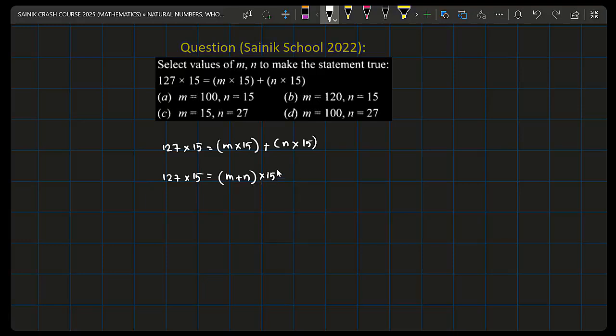Now compare LHS and RHS. Now we can write m plus n should be equal to 127. Which option is satisfying this equation, m plus n is equal to 127? Sir, option D. You also said the same answer, right? So we need to depend on the options. Answer D is correct because 100 plus 27 is 127.